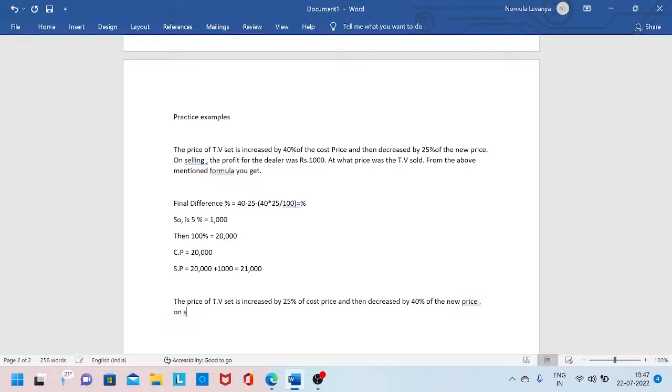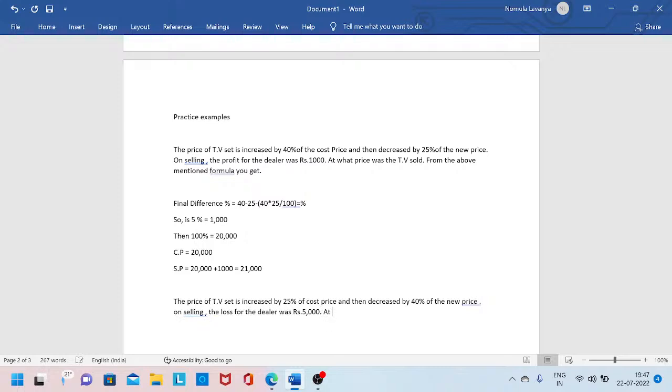On selling, the loss for the dealer was rupees 5,000.